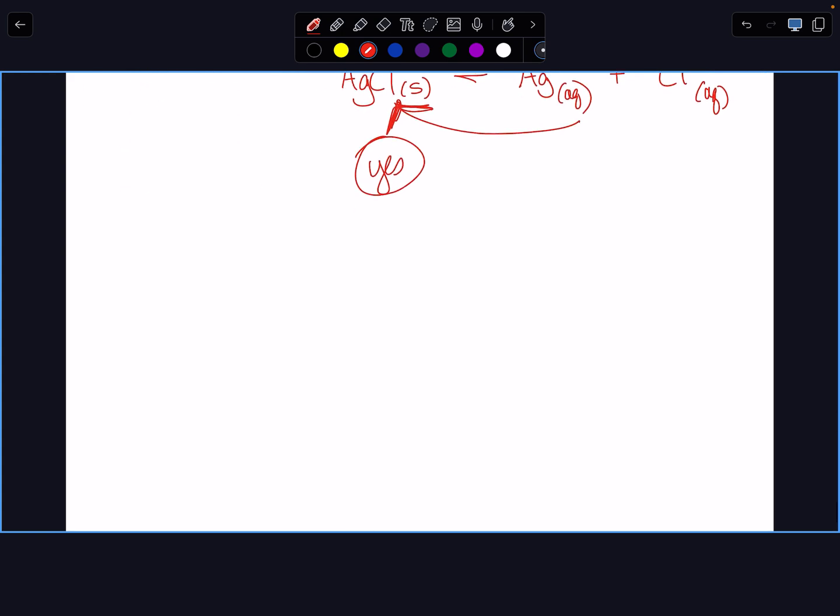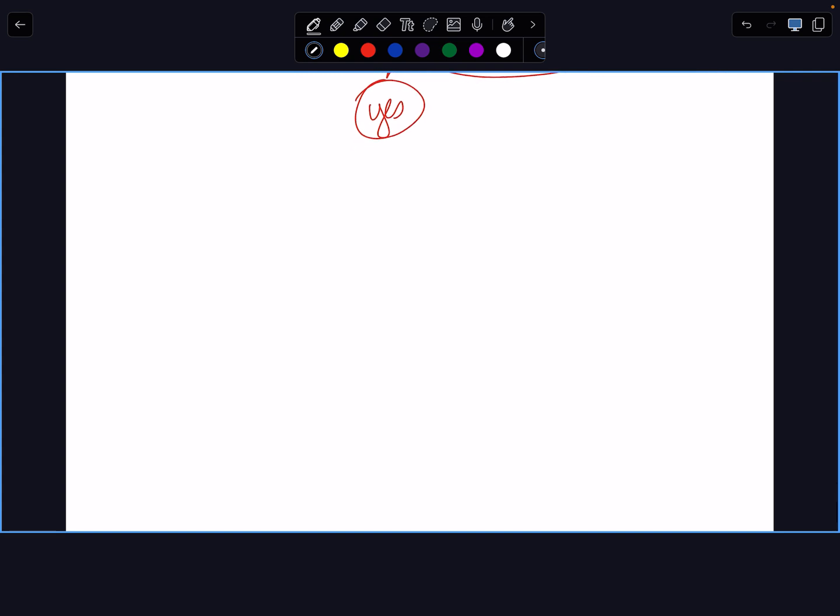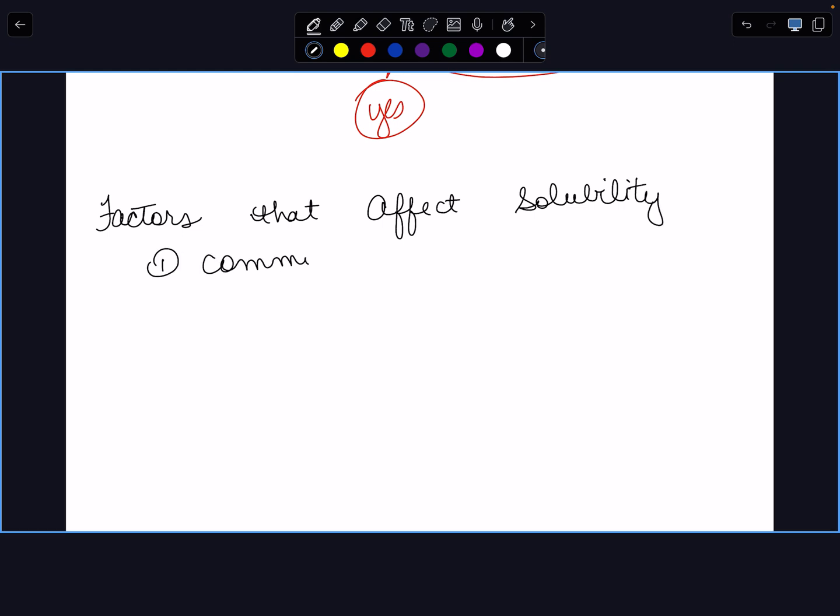Now, factors that affect solubility. One factor that affects solubility, we've actually calculated it already today. It's the common ion. If you're trying to dissolve something in a solution that has a common ion, what happens to the solubility?